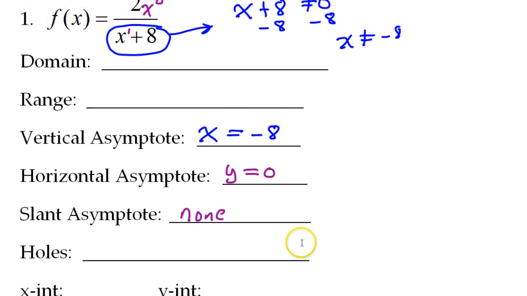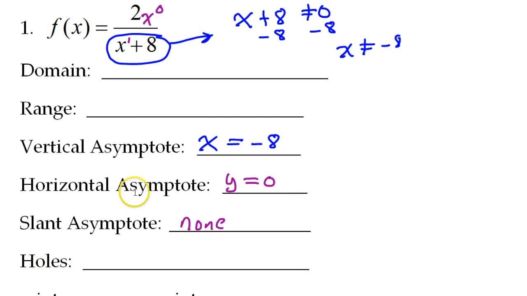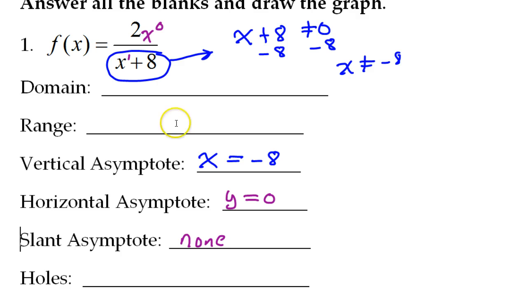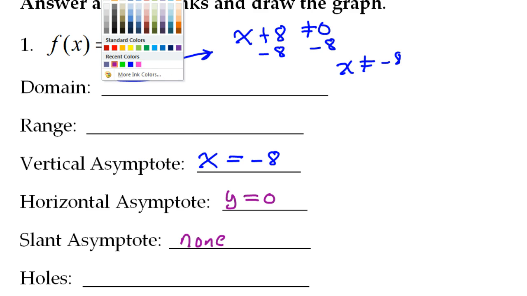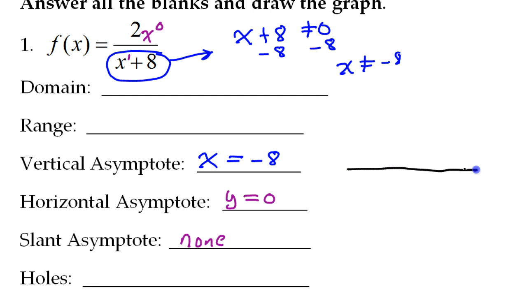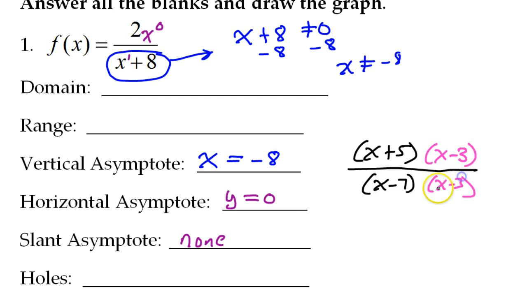Will there be any holes? Well, holes happen when you have a factor in the numerator and the denominator that cancels out. So for example, I'm just making this up, but say if I had x plus 5 over x minus 7, and the x plus 5 was times x minus 3, and the x minus 7 was times x minus 3.